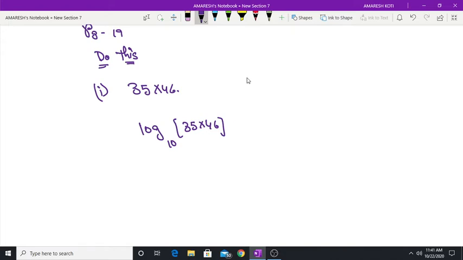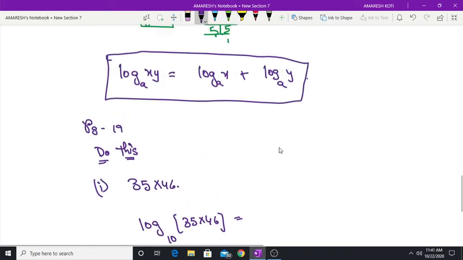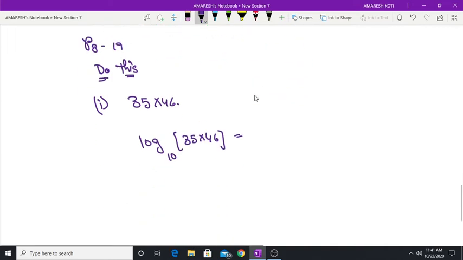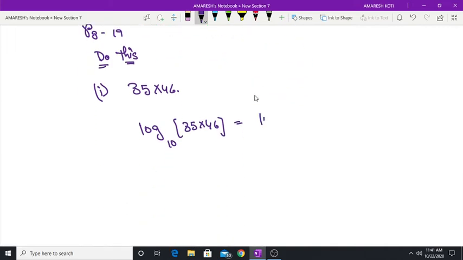To the base 10 equals, what is the formula? Log x into y to the base a equals log x plus log y. So log 35 plus log 46.